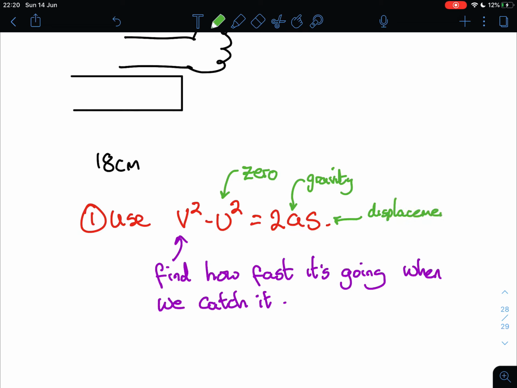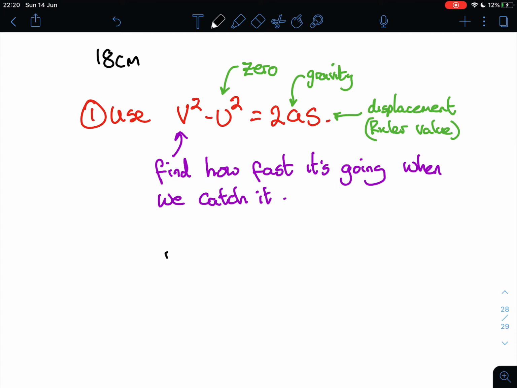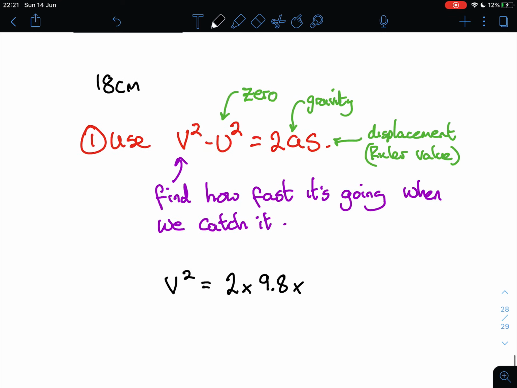And the good news is that is just the ruler value. So in our case, 18. So let's give it a go. Let's see what it looks like when we put our numbers in. So we get v squared is equal to 2 times gravity, 9.8, times the distance on the ruler in meters. It's got to be in meters, 0.18.